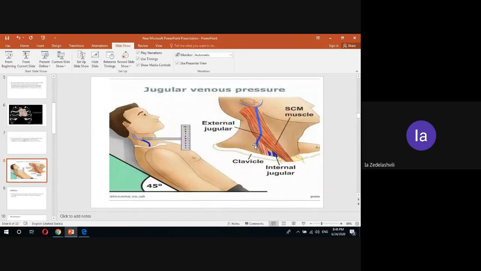Why? Because blood is going to the tissues, to the organs by the arteries and pressure here, but coming back to the thoracic side, to the heart, from the veins, and the jugular vein is one of the more common veins which collects the blood from the tissue and takes it to the right atrium, and then it is sent to the right ventricle from which it goes to the lungs.